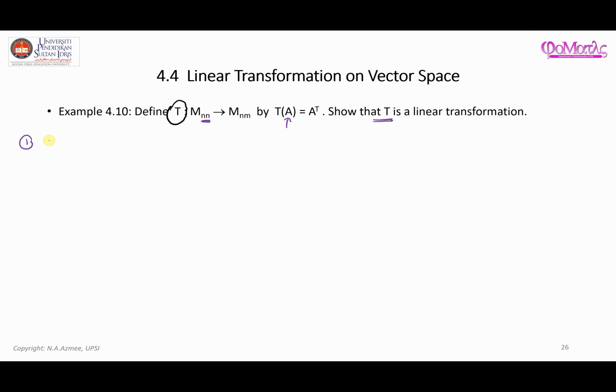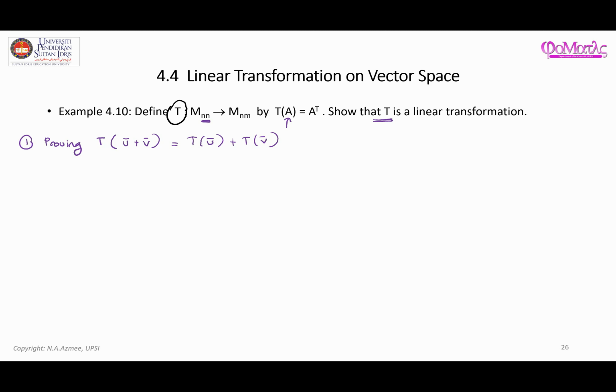Therefore, we can start with the first part, where we are trying to prove that when you have vector u plus vector v as an input to this transformation function, this is the same as doing it separately. So we have input u given to this transformation function, and then input v, and you add them up together, it should be the same.